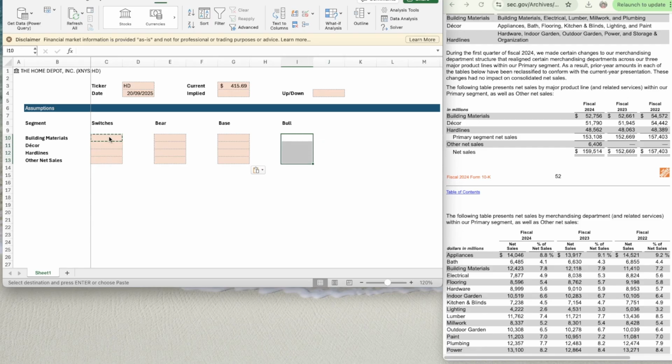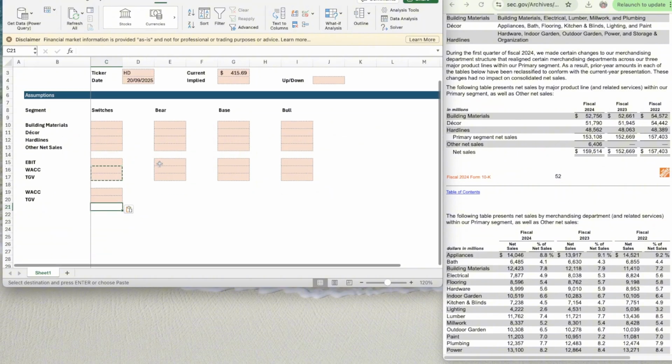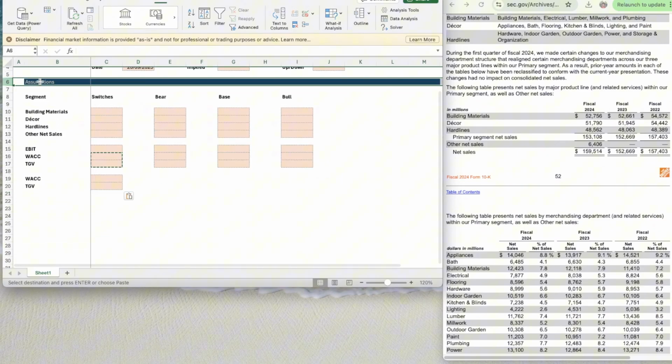These are what we're going to use to do different simulations based on bear, base, and bull case scenarios. There we go. Okay, now we can start building.